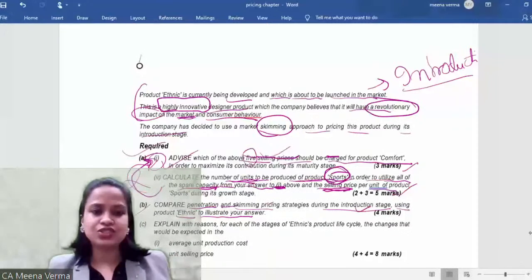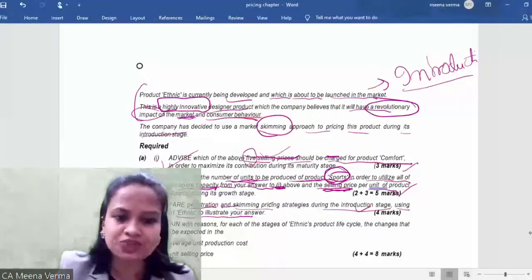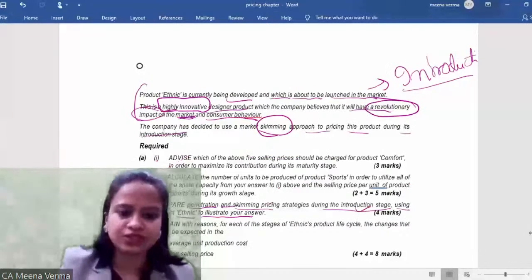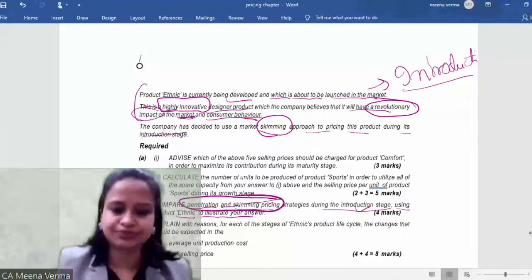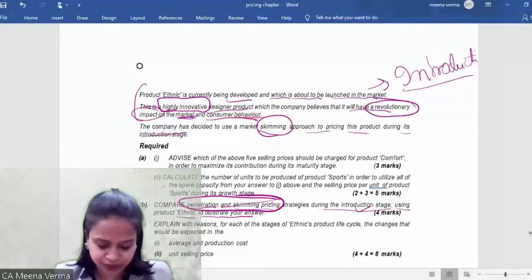Skimming pricing or market penetration? Which one is good, and why? Tell me quickly.